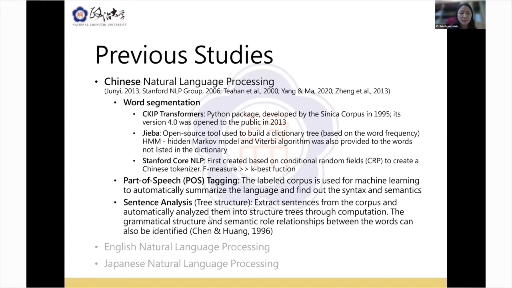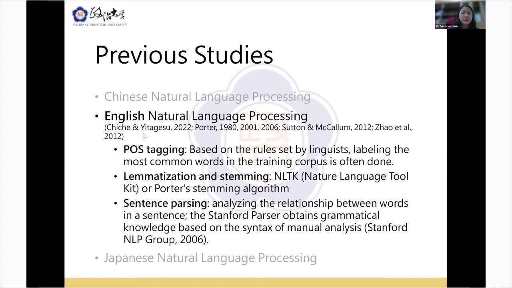So this is a process that could be done automatically by using the model. The model was developed by Chen and Huang in 1996.